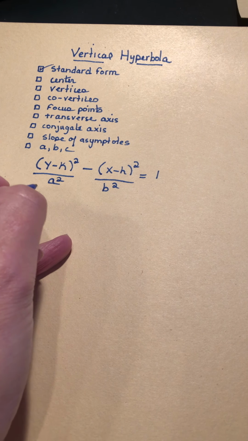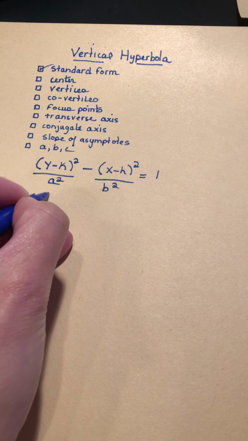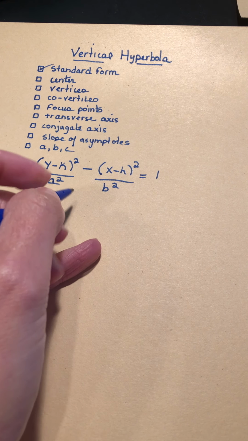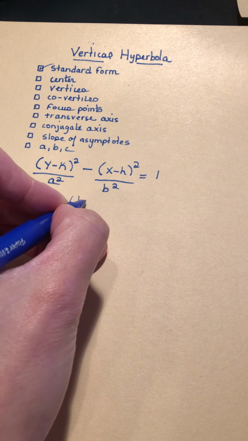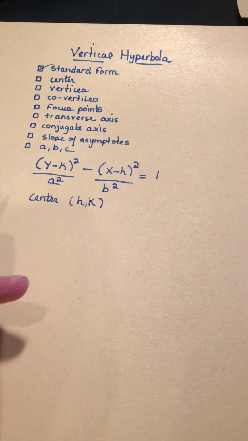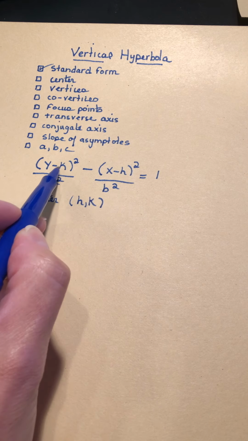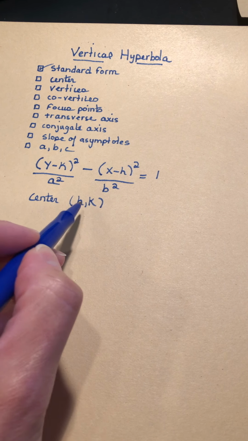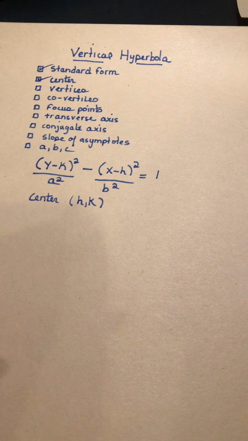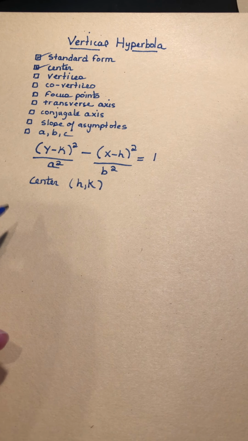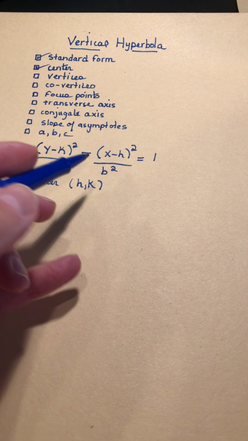You may have also guessed that to find the center, it's also going to be HK. That seems like it never changes, right? I'm gonna use HK. So that's H and that's K. They're just in reverse order, but HK is still my center. Okay, so now I'm gonna draw a picture and we're gonna show where all these other points are.